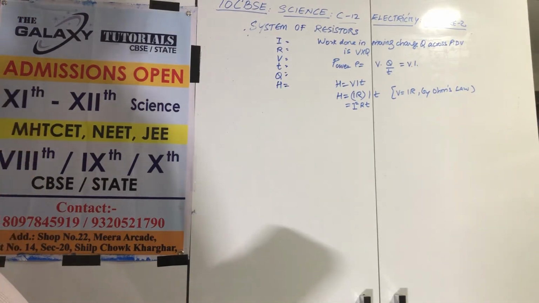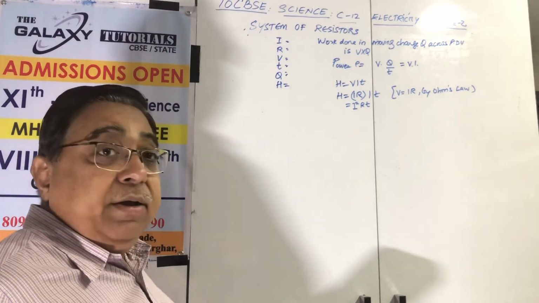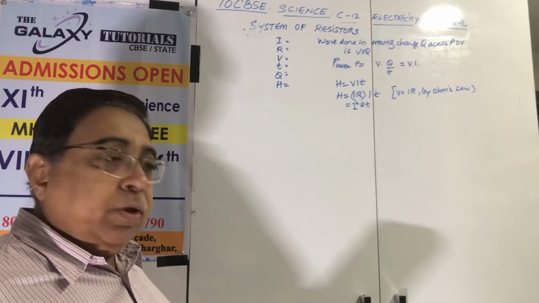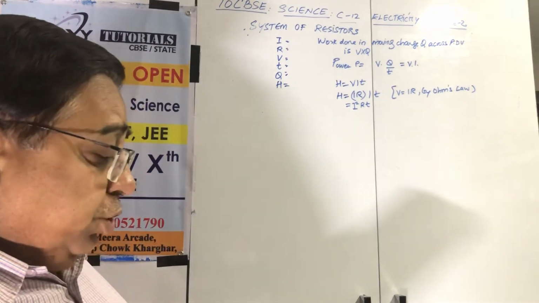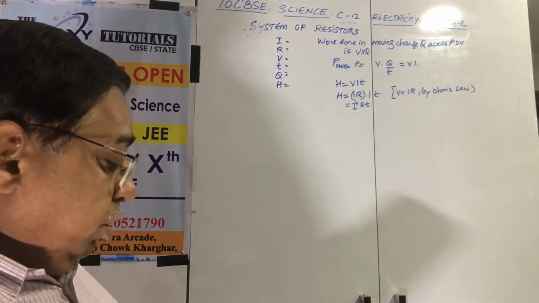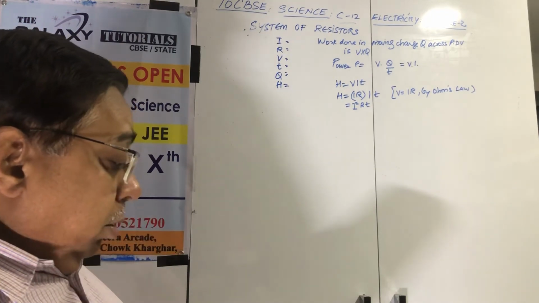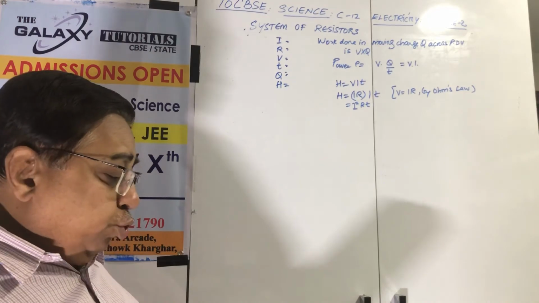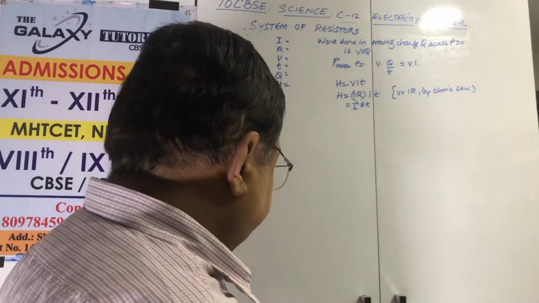An electric iron. Where are you using the heating effect? Geyser, iron, induction at home to cook food. An electric iron consumes energy at the rate of 840 watts when heating is at the maximum, and 360 watts at the minimum; voltage is 220 volts. What are the current and resistance in each case?